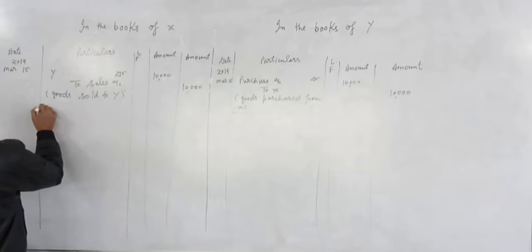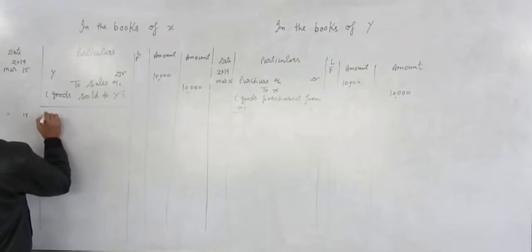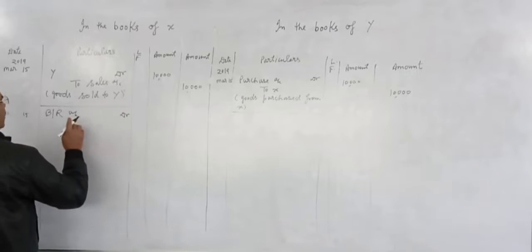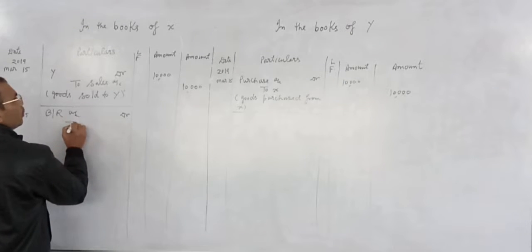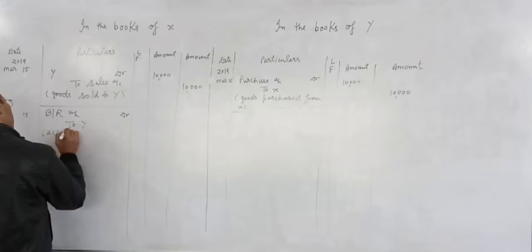After doing this, as you know, we will write here the entry of writing of bill. Means X is accepting the acceptance given by Y. So what is the entry? BR account debit. This entry will come in all the questions. So we will write here BR account debit to Y, acceptance received.